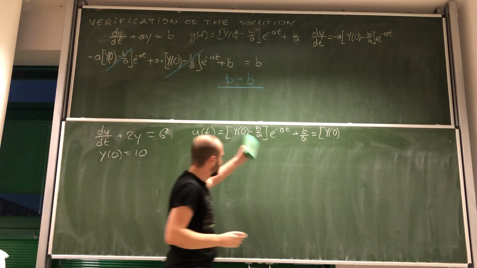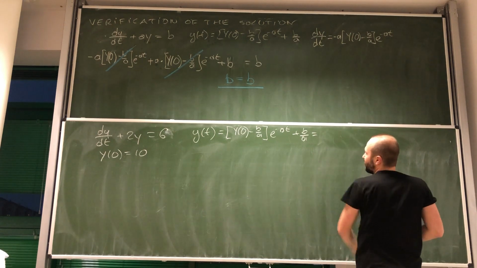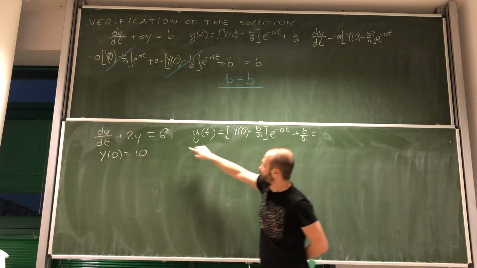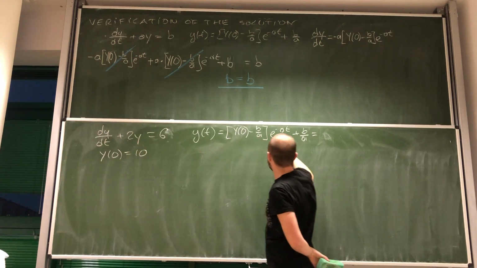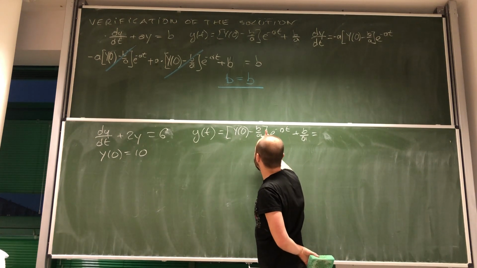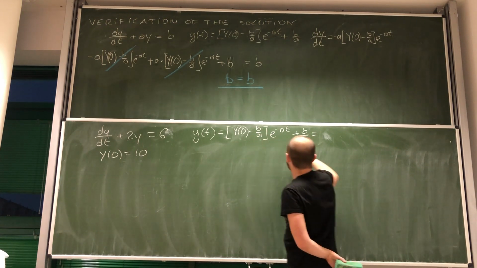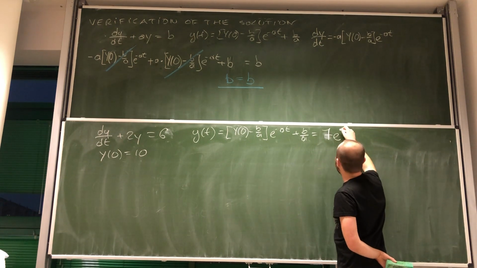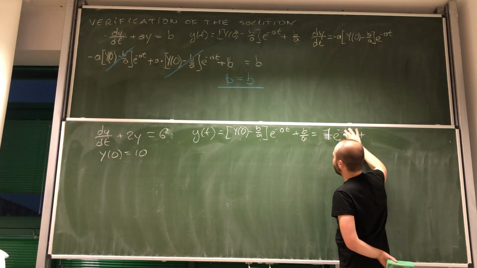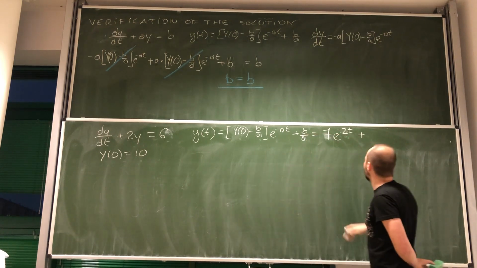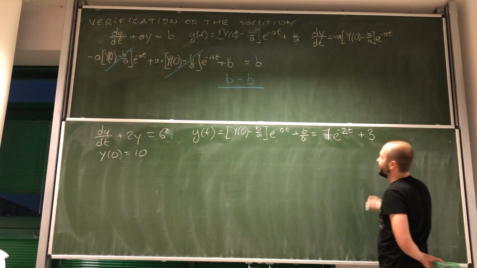So let's do it right away. b/a is 6/2, which is 3. The initial condition is 10. 10 minus 3 gives us 7. And we've got e to the power negative 2t, because a is 2, and then plus b/a, again 3.